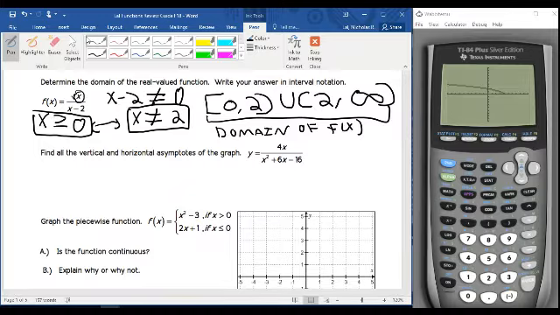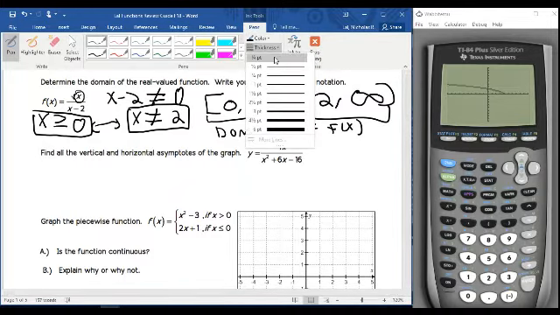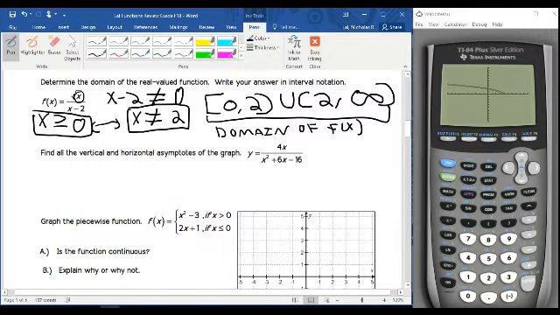All right. So for the vertical asymptotes, the easiest way to do this is to factor the function and figure out what cannot belong in the denominator.